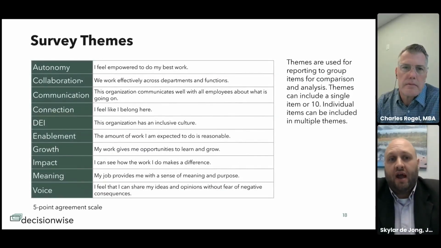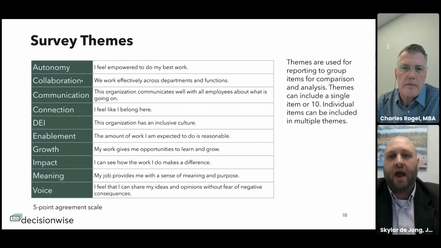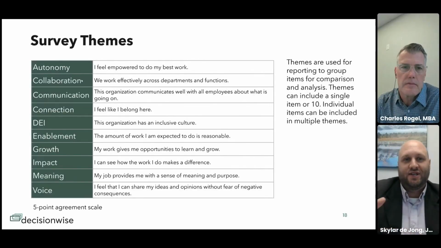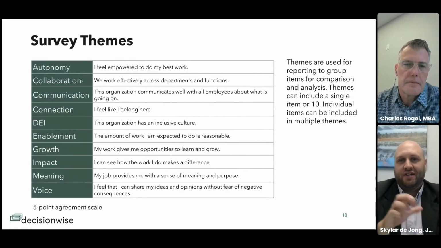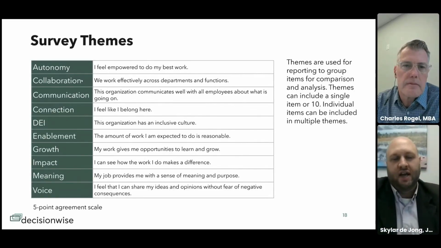We also have 10 to 15 different themes. These are some of our overarching major themes we're measuring. You'll see a lot of those MAGIC-related themes in there too: meaning, autonomy, growth, impact, connection. Sometimes as I'm working with clients, we change the name connection to belonging to fit within the industry norm of DEIB.